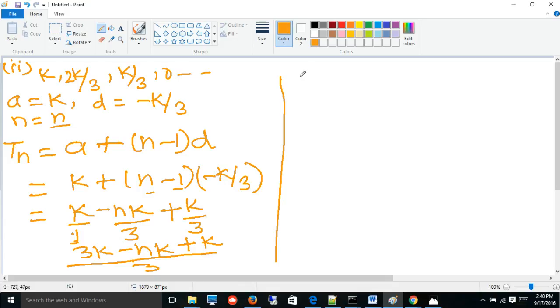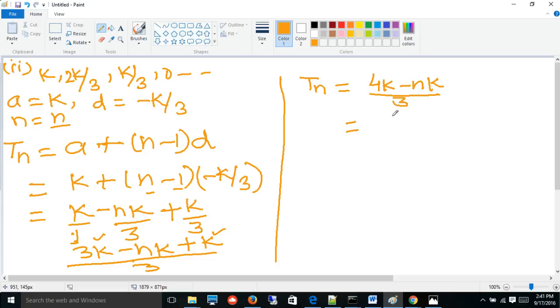Now Tn is equal to 3k and k, which we can add as they are rational. Nk we cannot do right now because we don't know the value of n. So what will you get? You will get 4k minus nk, divided by 3.